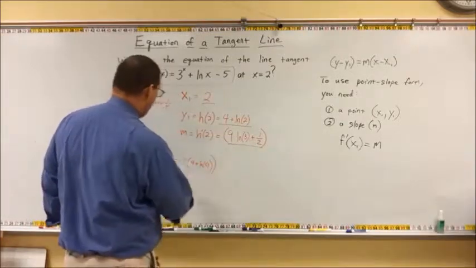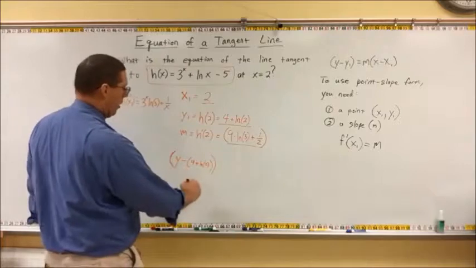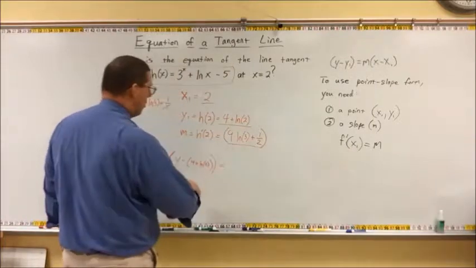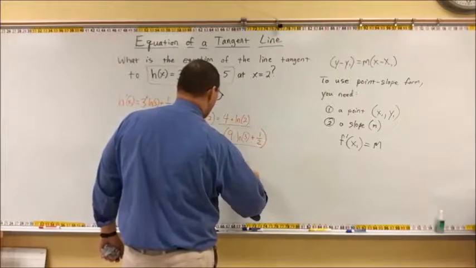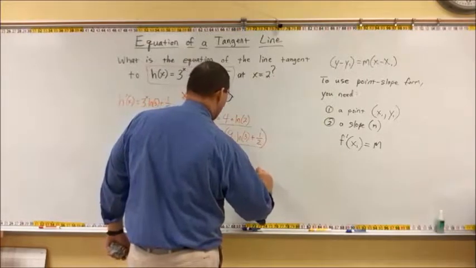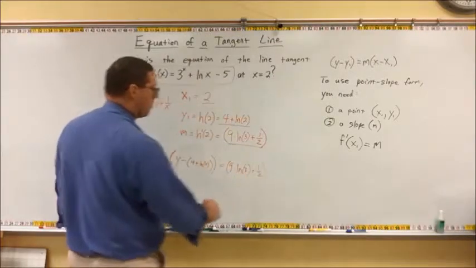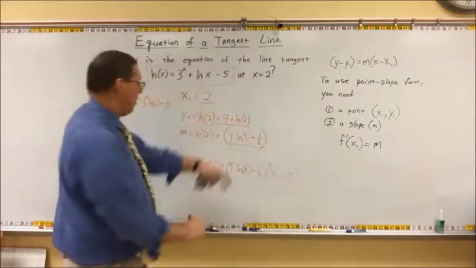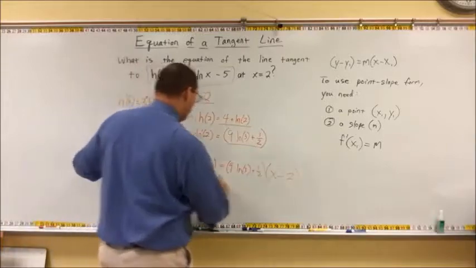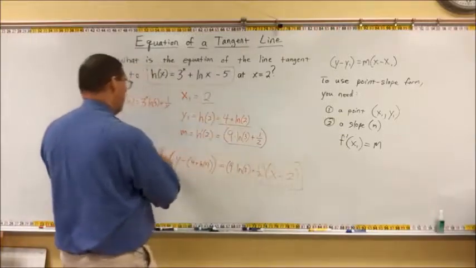And that is my whole y part, okay, equals slope, which is 9 times the natural log of 3 plus 1/2 times x minus 2. And there we go. This is now the equation of the line.